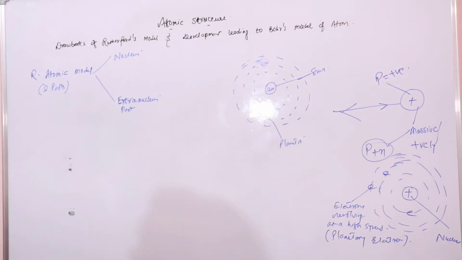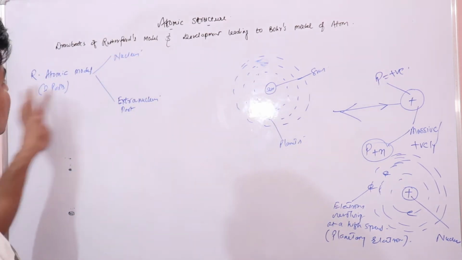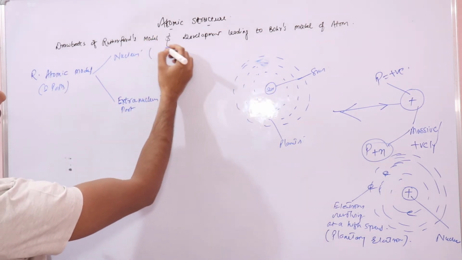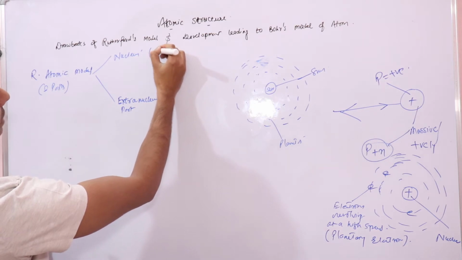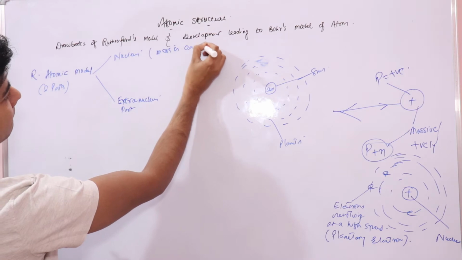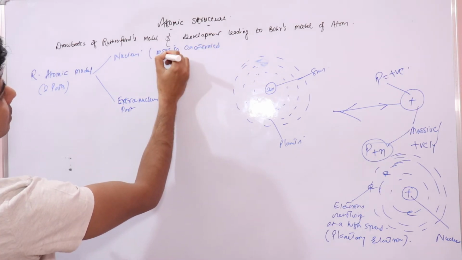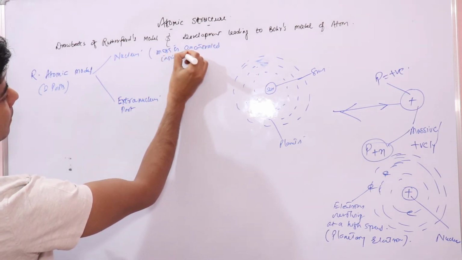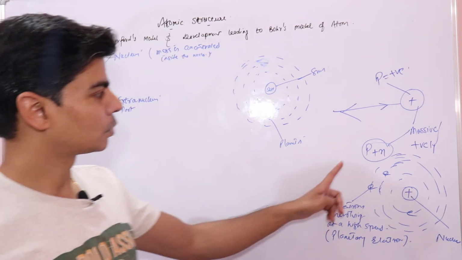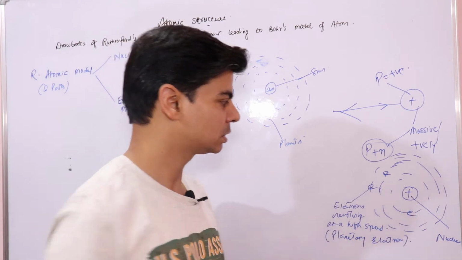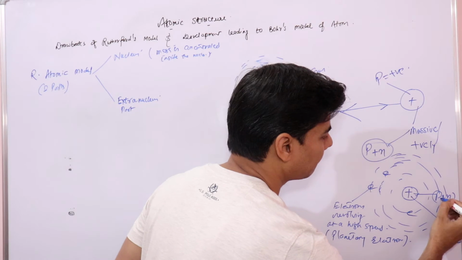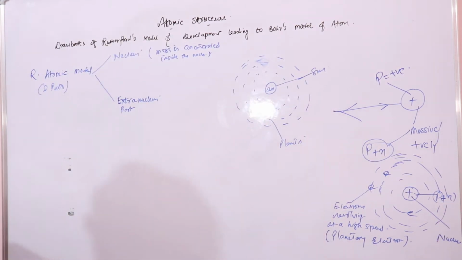So here Rutherford model could discover the nucleus based on his alpha particle scattering experiment, and he said that all the mass is concentrated inside the nucleus, right? And mass consists of protons plus neutrons. In the nucleus we have protons plus neutrons, right?